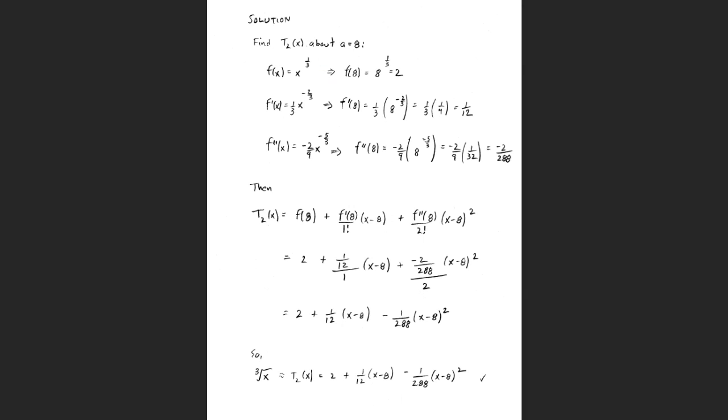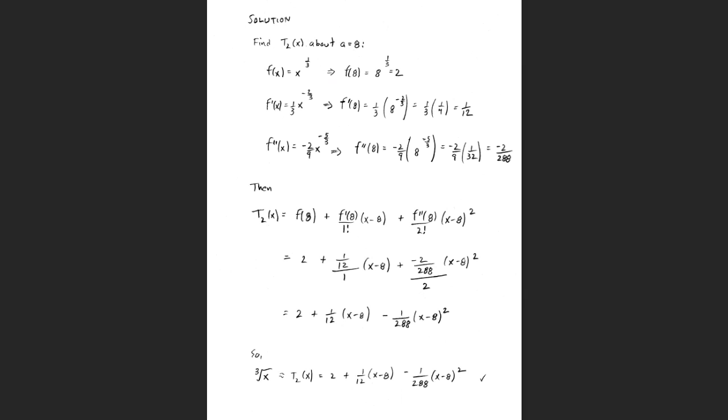So that means we're going to go out this far to get the polynomial, because we want second degree. That's the order of the polynomial. So we're going to have to evaluate the function and its first and second derivative at a equals 8. And then we'll put together the polynomial. So here we go.